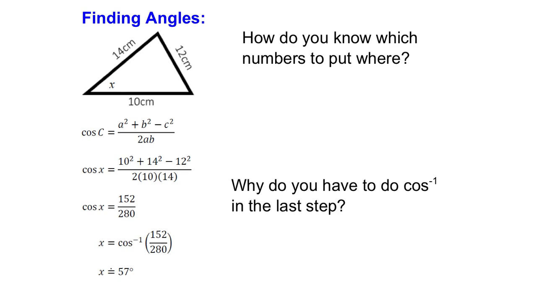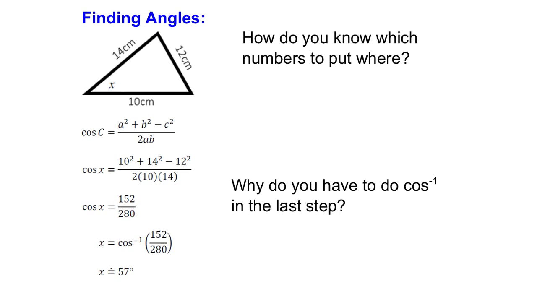So what I recommend is calculate the numerator separately from the denominator. So I would do 10 squared plus 14 squared minus 12 squared first, I get 152. I do 2 times 10 times 14, I get 280.